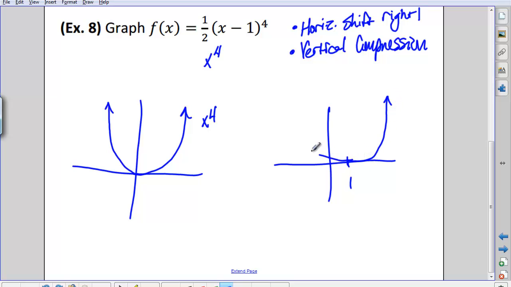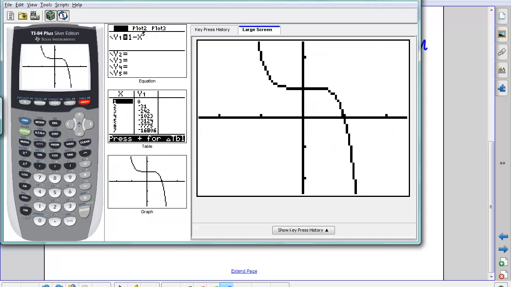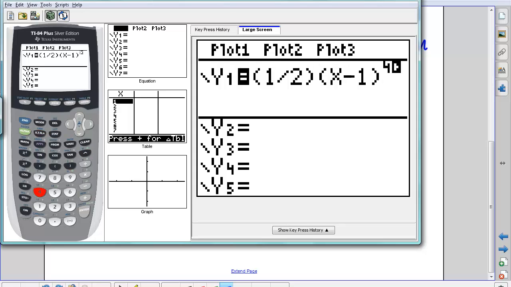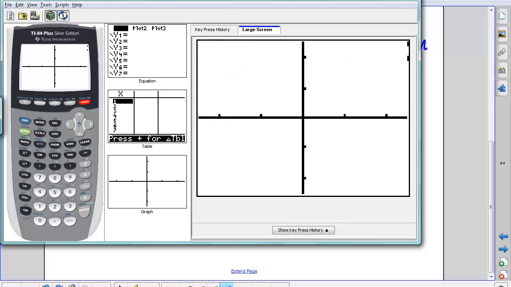Okay, so it's going to look something like that. Again, this is just a rough sketch, and with what we're going to be doing, if you have your calculator, you can get a really good picture of this. So just again to verify the shape of that graph we just came up with, 1/2 times x minus 1 to the 4th looks like this.